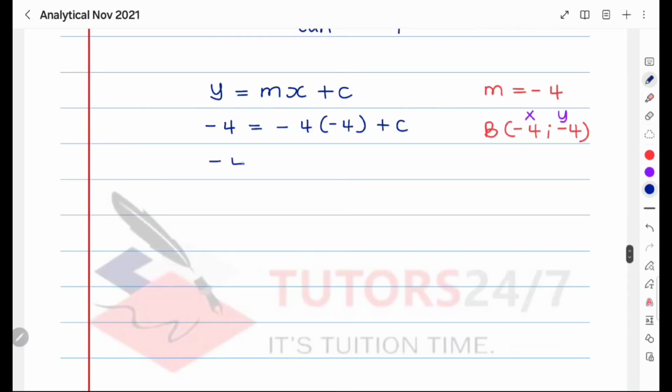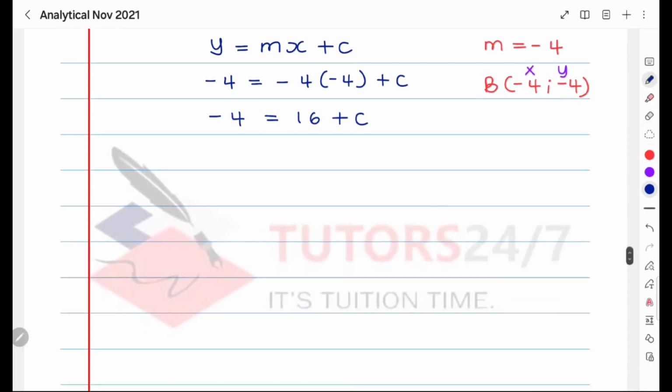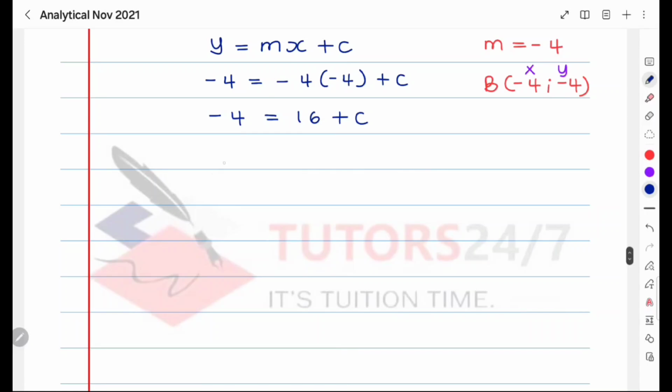This becomes -4 = 16 + c. Take 16 to the other side: -4 − 16. And c is therefore equal to -20.